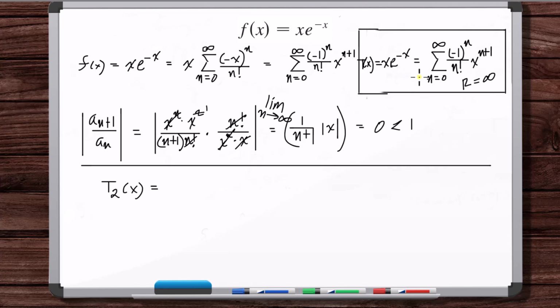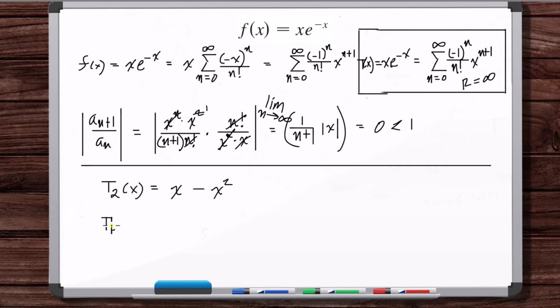So when n is equal to 0, we've got minus 1 to the 0 is positive 1 over 1. It's just x. Then it's going to be minus, and then you've got 1 factorial, so just x squared. That's T sub 2.